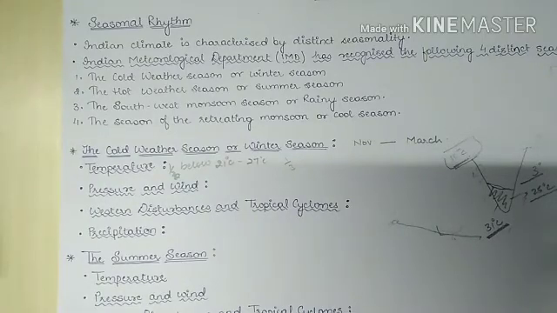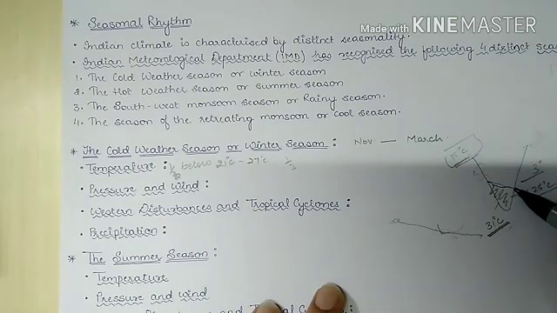But if we look into tropical cyclones, this season has the least number of tropical cyclonic activities. The frequency decreases with the advancement of the season, and this is basically due to low sea surface temperature. Okay, as we have studied in cyclones, we need high temperature in the sea.